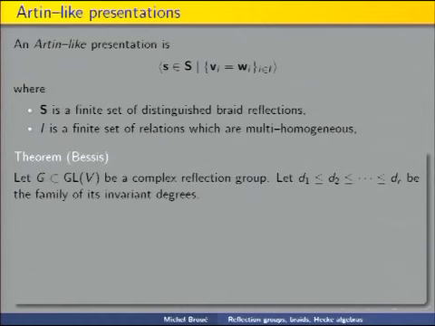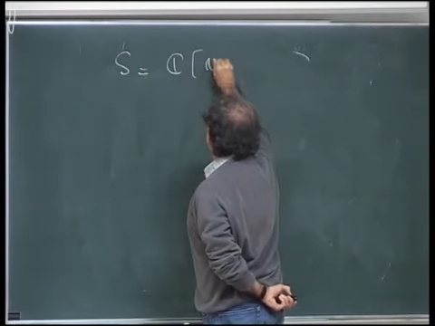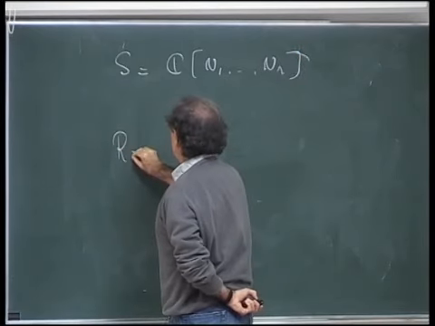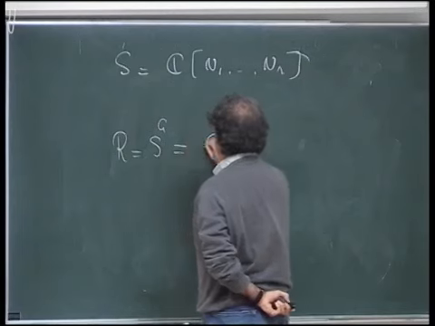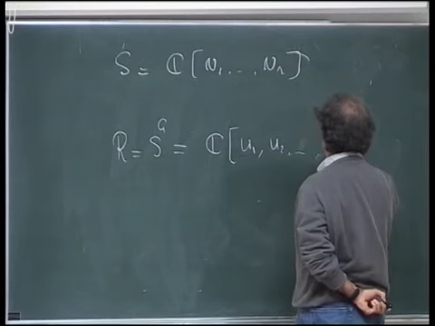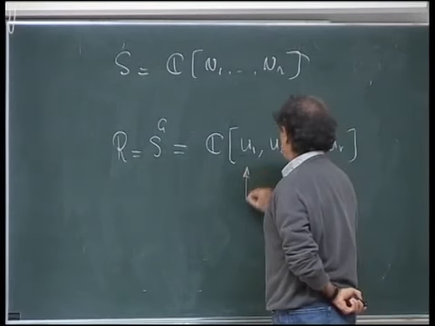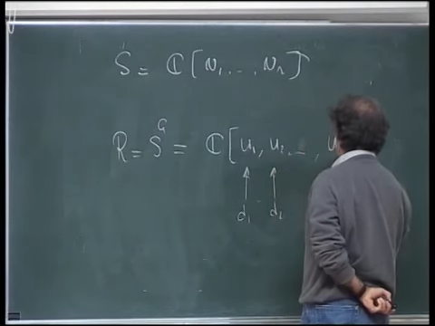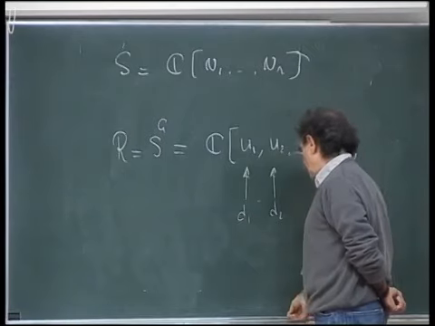The family of invariant degrees is that when you let the group act on the symmetric algebra, which is C[v1, ..., vr], then the invariant algebra is also a polynomial algebra, C[u1, u2, ..., ur], and the invariant degrees are d1, d2, ..., dr, the degrees of these algebraically independent homogeneous elements.